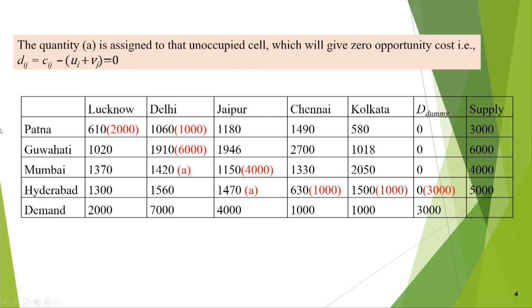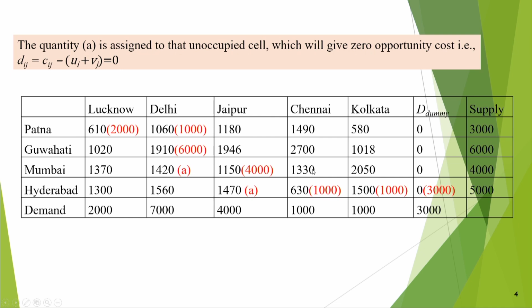Now, here we have already filled up 2,000, then after that 6,000. If step by step I move, maybe I can write A here, and then 4,000, then 4,000 to I move vertically, and vertically I have put A, because I could have written A in 1330 also, but I have just written it in 1470.